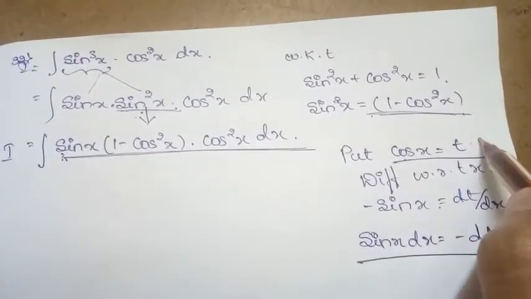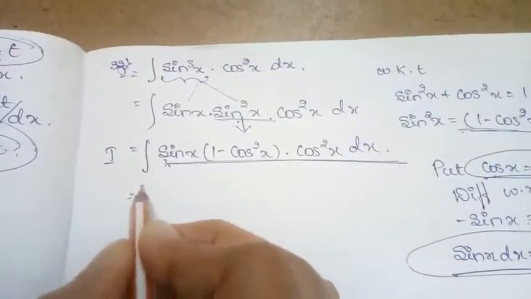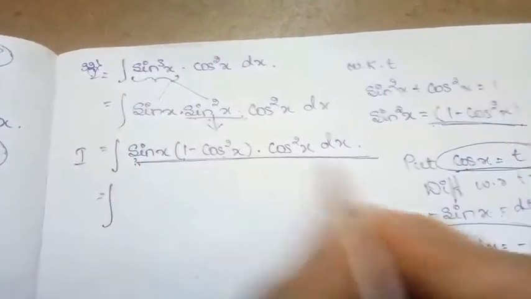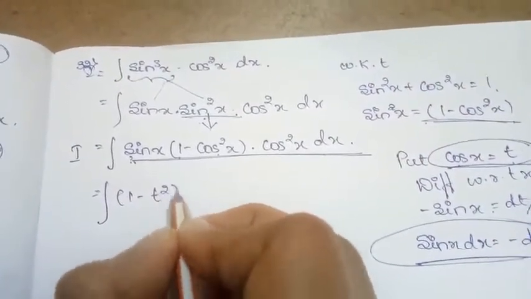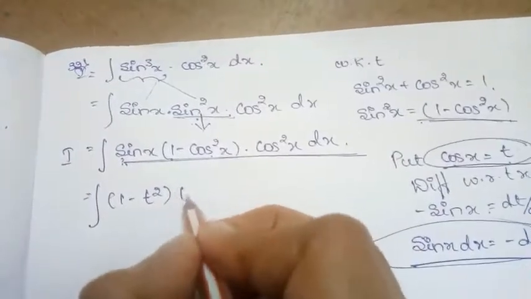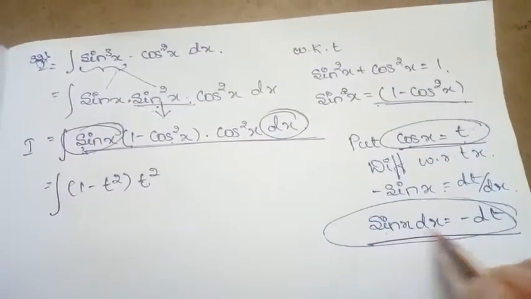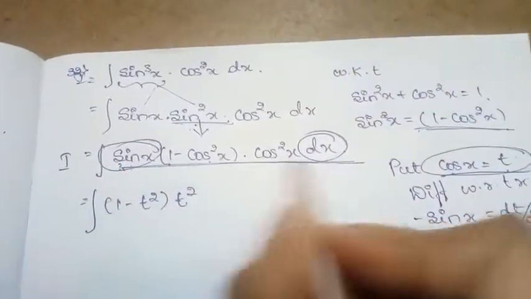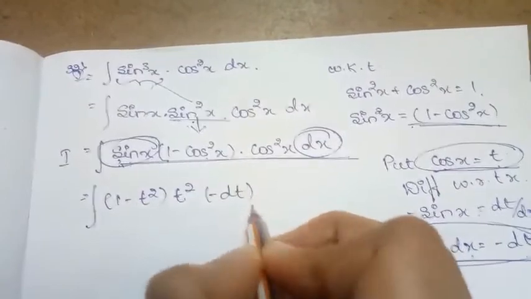Now I am substituting these things in the above equation. Since I have taken cos x equal to t, it becomes 1 minus t square, and this becomes t square. Combining sin x and dx, we have sin x dx equal to minus dt.